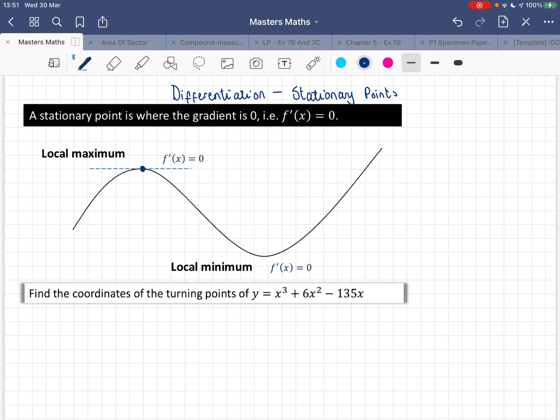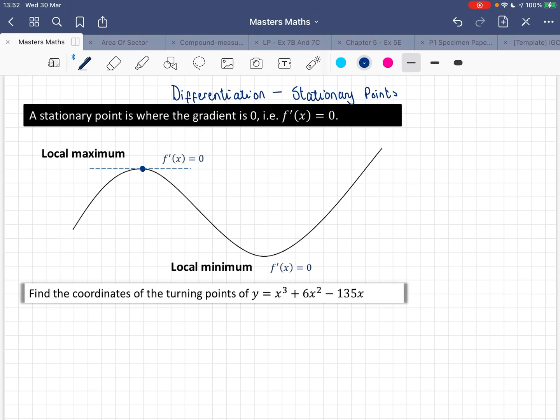It's called a local maximum because it's the function's biggest input in that vicinity, so in this part of the graph. It sometimes might have a global maximum, like the maximum output across the entire function, but this particular function wouldn't have a global because it just keeps going on and on to infinity.